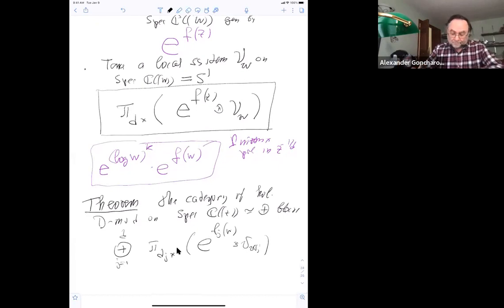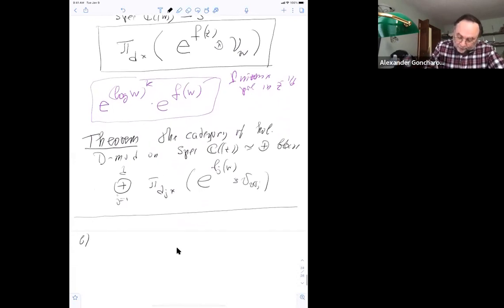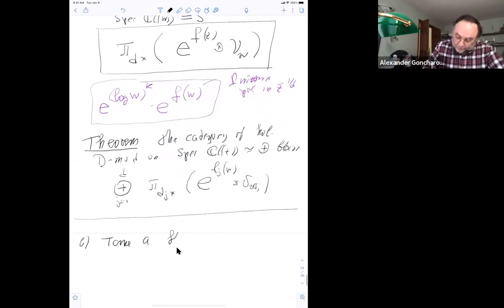Now, how is this classical theorem applied? So if you have a differential equation with a regular singularity, that's the second part. So we take a flat connection, let's call it, in some vector bundle on the analytic puncture disk.